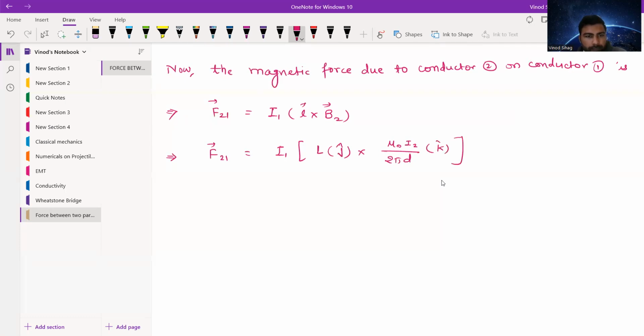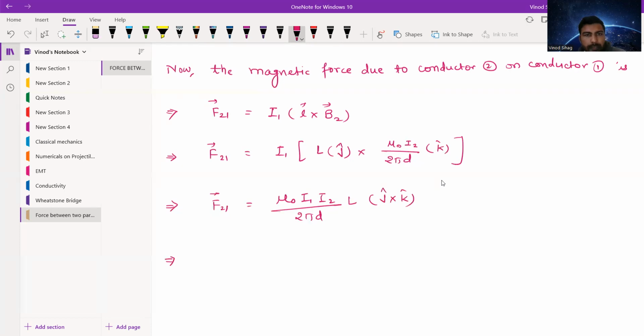Okay. Now, when we solve it, we will get F21 vector equals to, whatever the constants are there, we can take them separate. So mu naught I1 I2 upon 2 pi d into L, and whatever in the bracket it is j cap cross k cap.